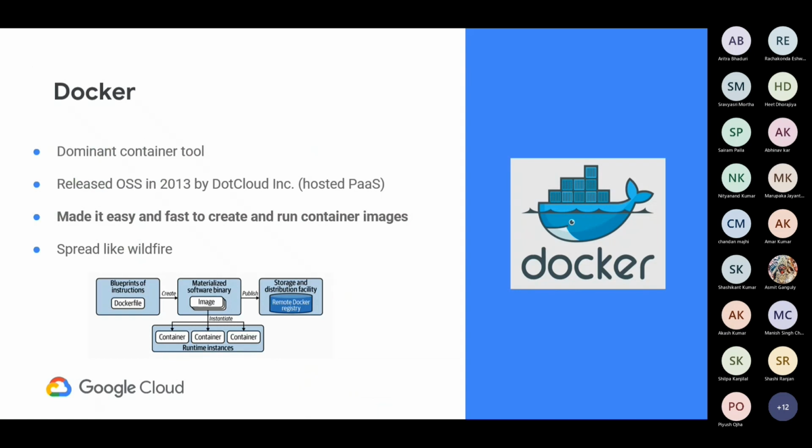Docker was released by dotCloud, currently named Docker, and it made it easy and fast to create and run containers. This flowchart is the workflow of Docker. You need some blueprint, an instruction set on how to run the project.